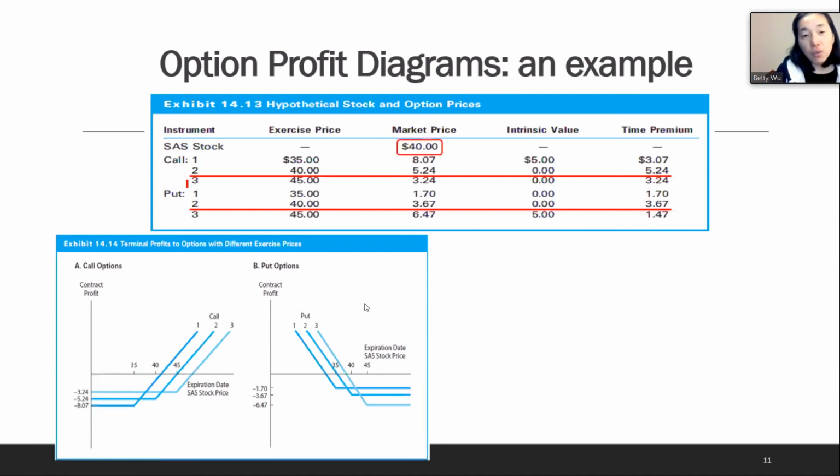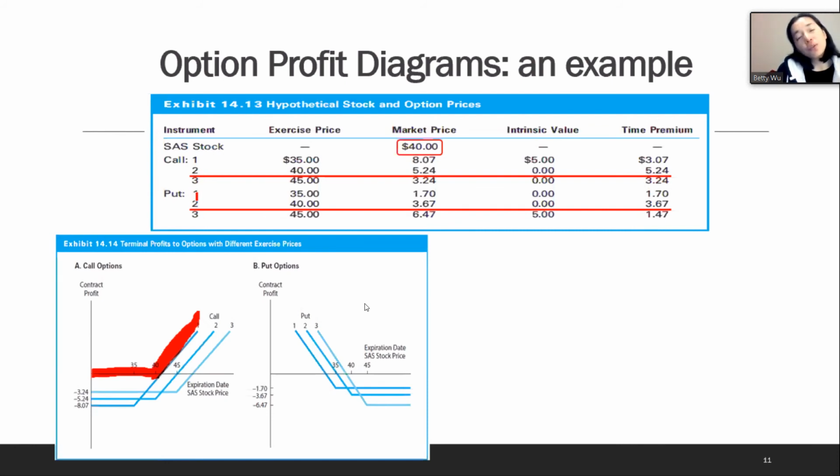For call number 2, start from 40, where the exercise price equals the market price. It's a call option, so intuition: higher price, higher payoff, and you're protected from downside risk. So this is the position diagram for call number 2.